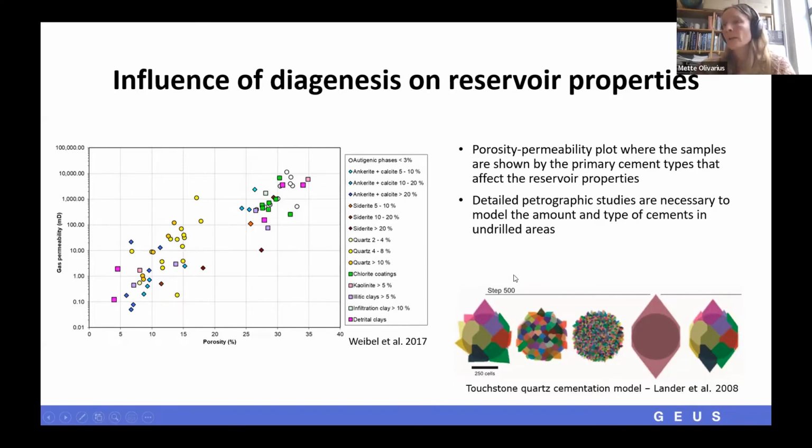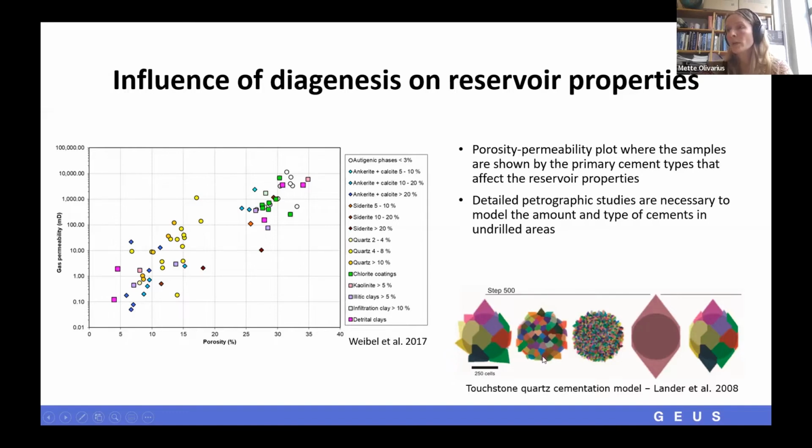And then for the diagenesis modeling, we use this Touchstone software, where there are a lot of cementation models included, like for this quartz cementation. So you need to have some knowledge of your quartz grains.